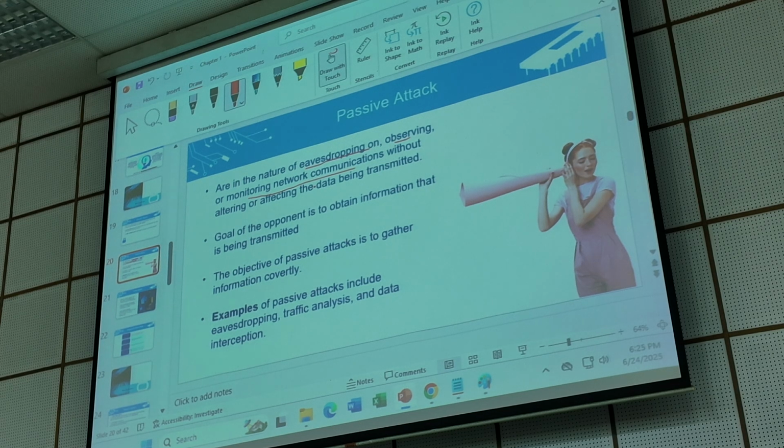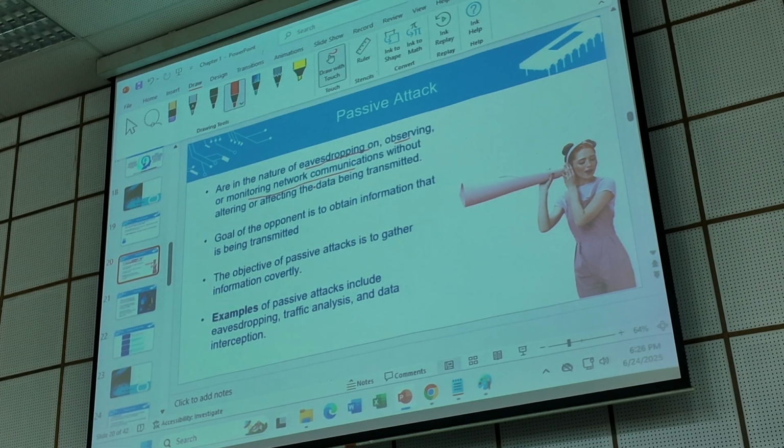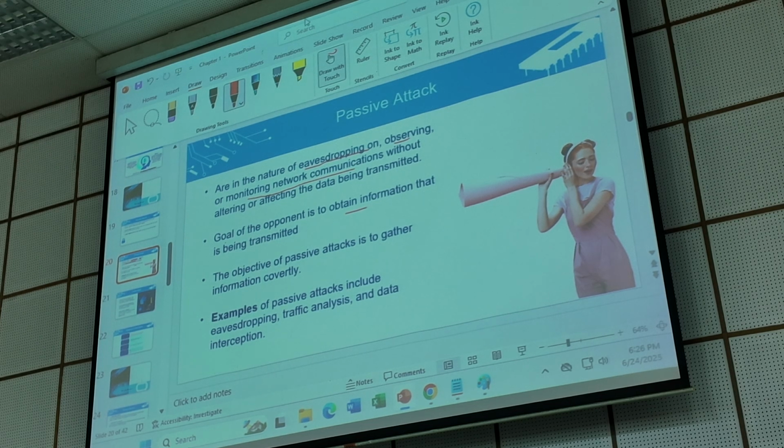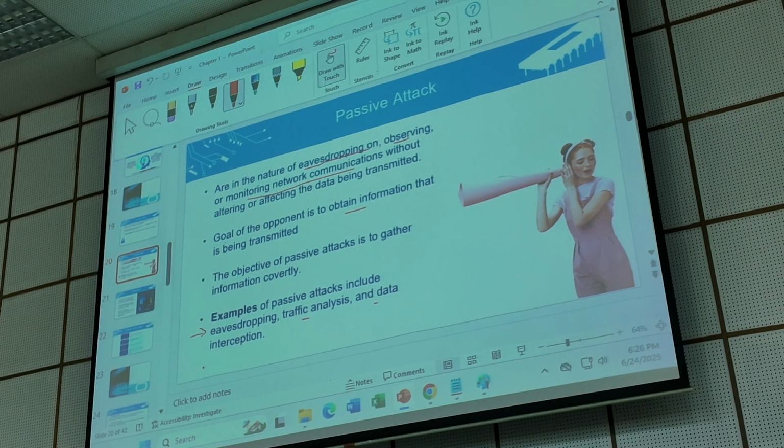They just monitor the data, just collect the information and do not do anything to the system. This is known as passive attack. Their goal is just to obtain information that is being transmitted. So here are the examples: eavesdropping, traffic analysis, and data interception.